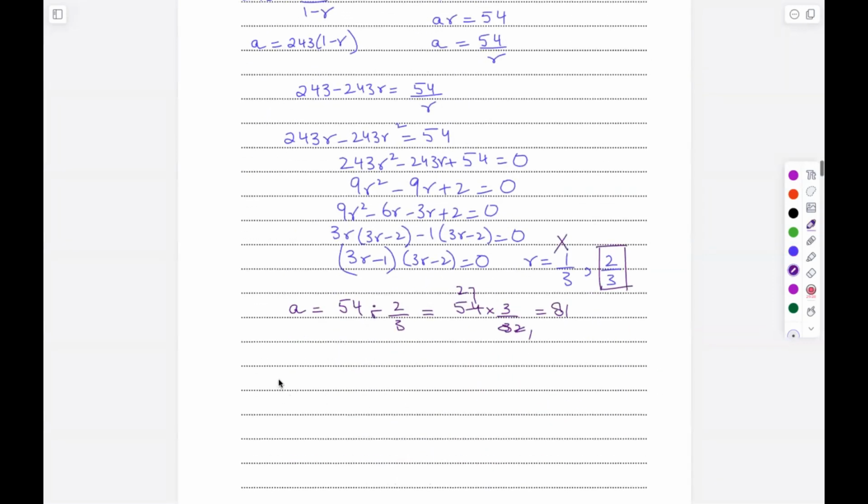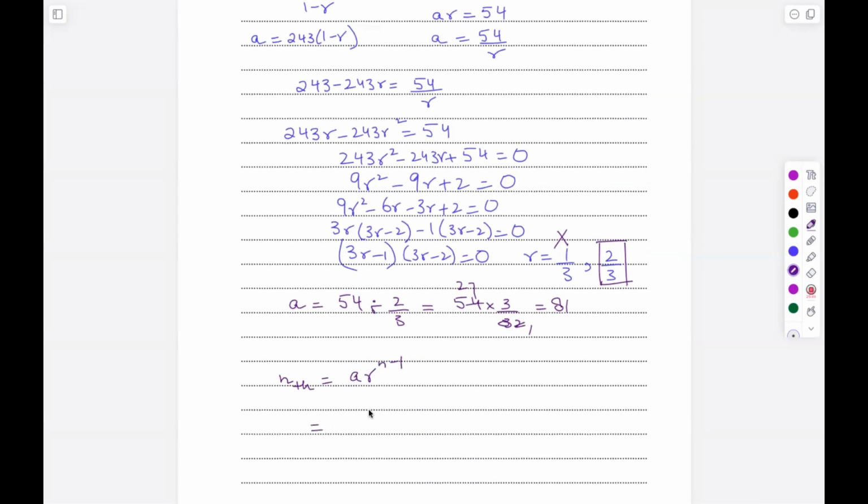To find the nth term, we can use the formula a r to the power n minus 1. As a is 81, we can write this as 81 into r, which is 2 upon 3, to the power 10 minus 1. So this will become 81 into 2 upon 3 to the power 9.